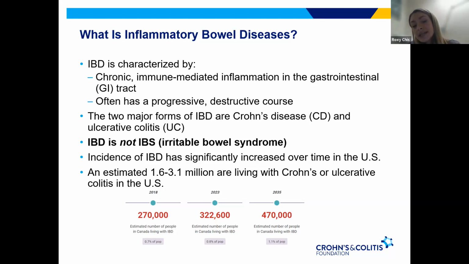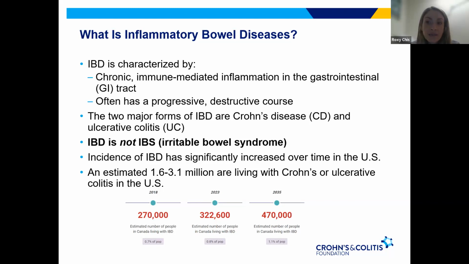The reason we focus a lot of our efforts on managing IBD nowadays is that the incidence of IBD has significantly increased over time in both the US and Canada. In the US, we have an estimated 3 million people living with Crohn's disease or UC.